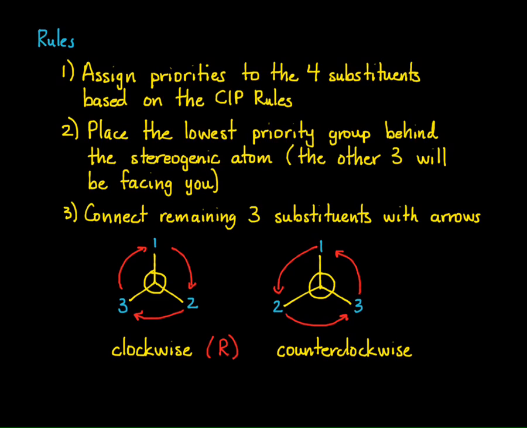And when I have this particular rotation, I assign the absolute configuration of S. So the term absolute configuration is based on the arrangement of the substituents around that stereogenic carbon. And therefore, it never changes.